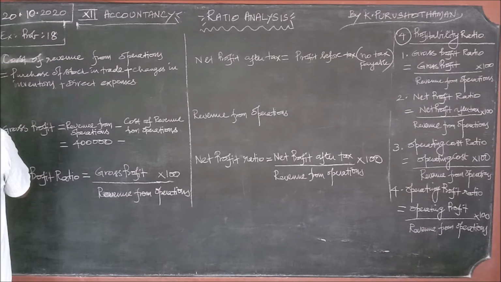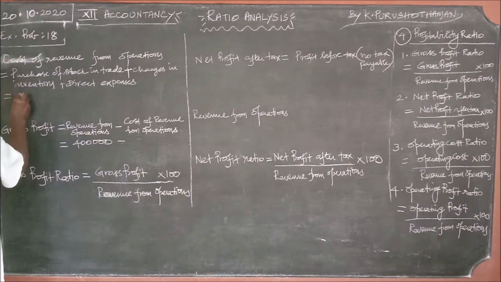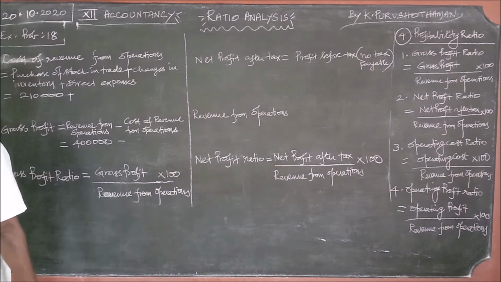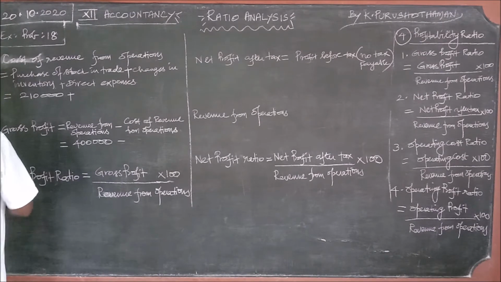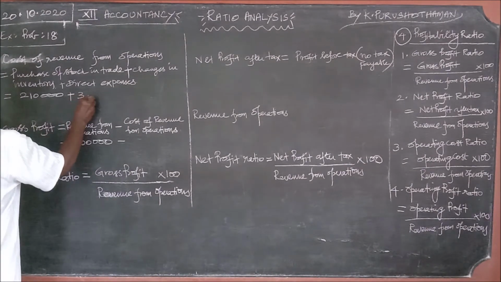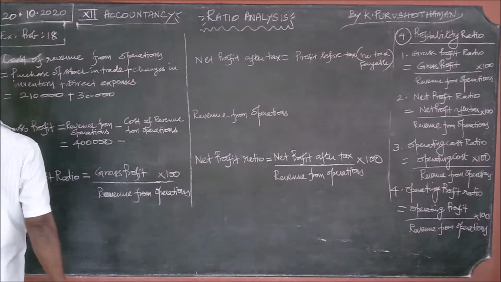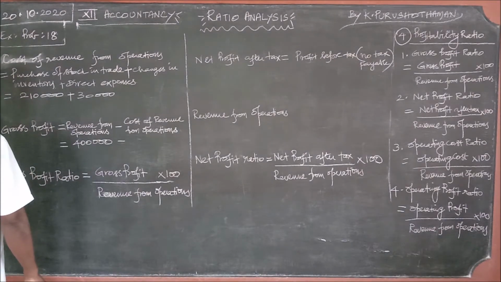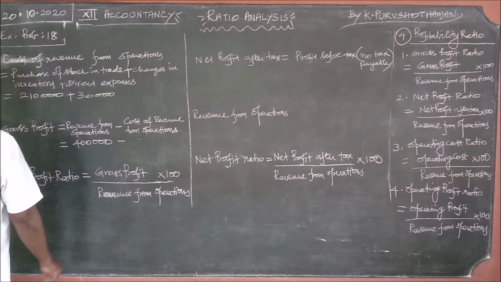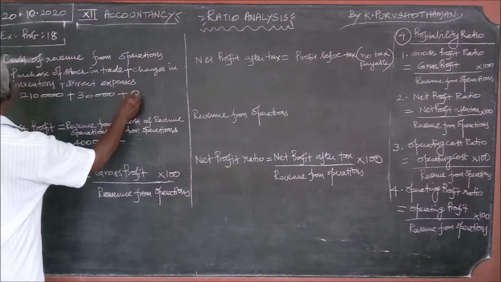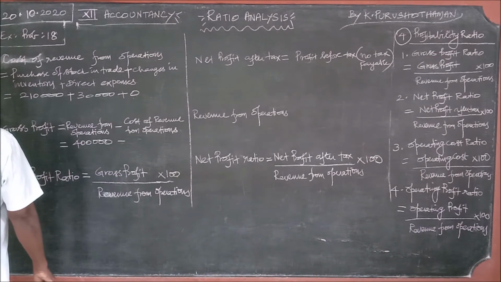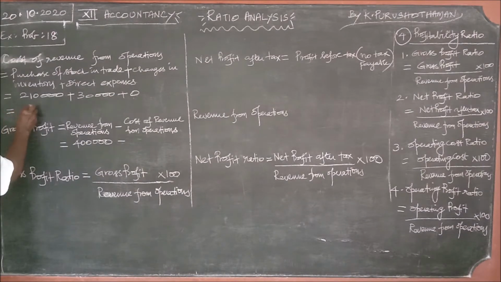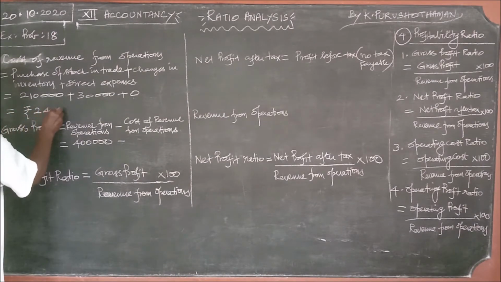Purchase of stock in trade, that is equal to 2 lakhs 10,000 purchase of stock plus change in inventory 30,000 and direct expenses anything given? No, it is 0. Direct expenses are not given. Finance cost only is given. So this is equal to 2,40,000.